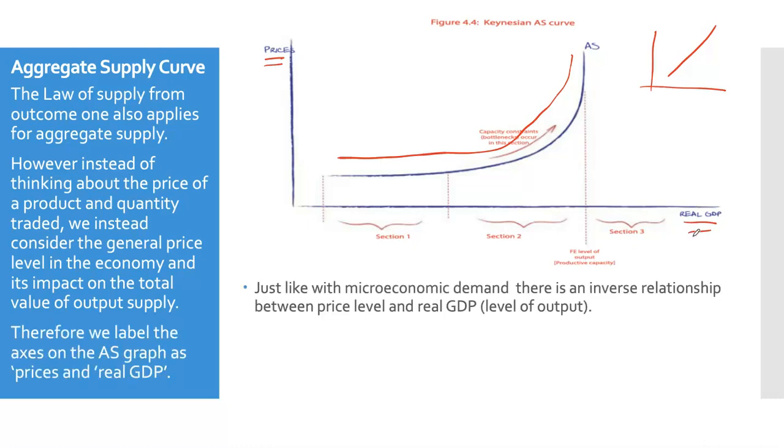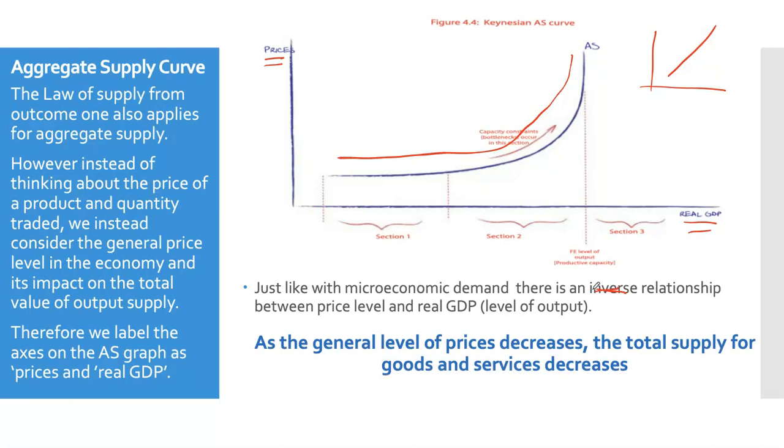But just like demand, there's going to be not an inverse relationship, a direct relationship as the general level of price decreases. So as the price levels go down, so we'll be going down this way, the total amount of goods and services supplied will also decrease.